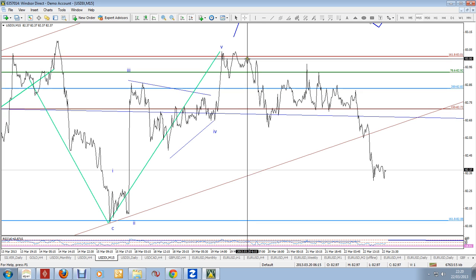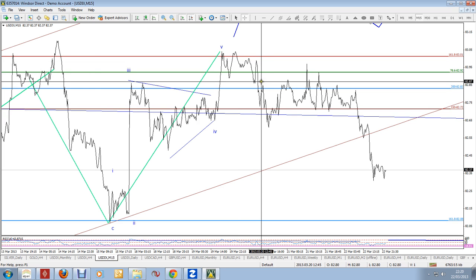It's not very clear. I'm not entirely happy with labeling that 1, 2, because we're struggling in this area.